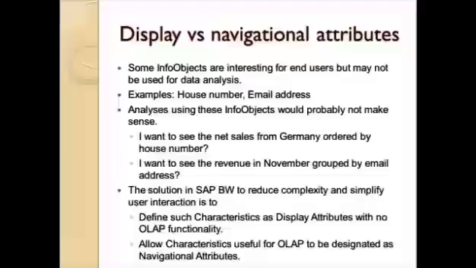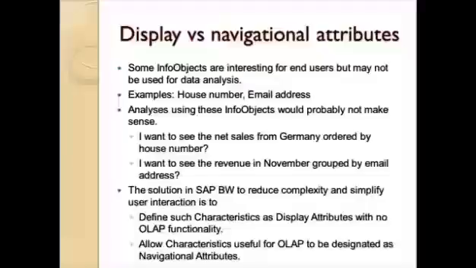So we have defined some info objects in the system, and then we can use those info objects as attributes of other info objects. Some info objects such as house number and email address are shown here, which of course may be of interest when we are displaying information about our customers or suppliers and so on.